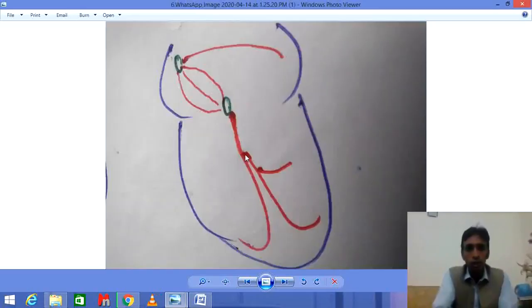So in this diagram you can see that from the bundle of His, the right bundle branch arises, and the left bundle branch is from this area to this area.